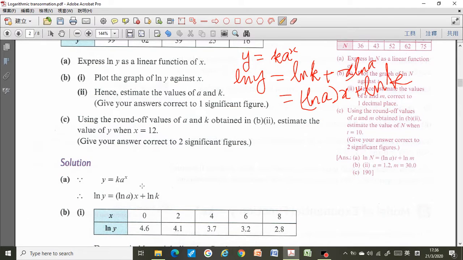So we can say that this one is the slope. And this one is the intercept of the vertical axis.